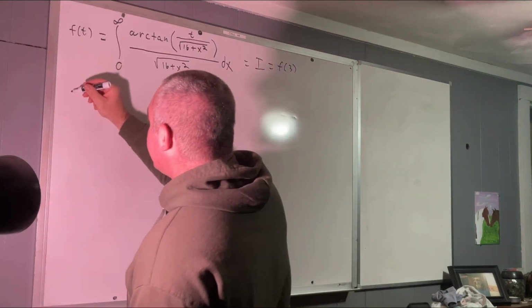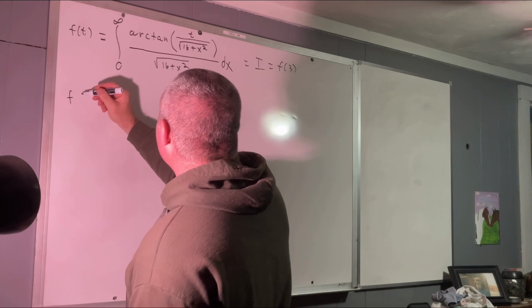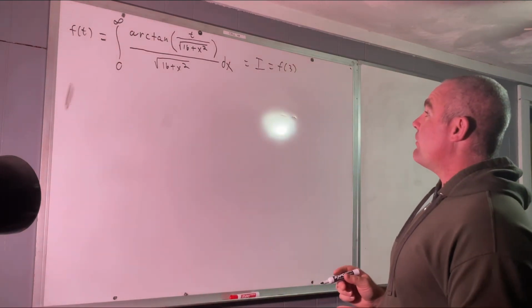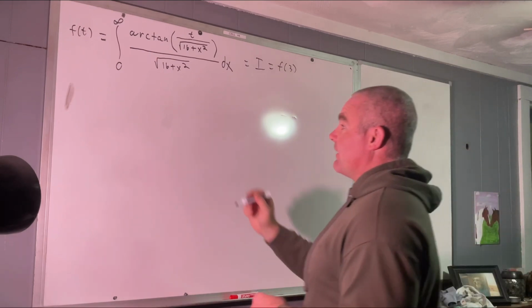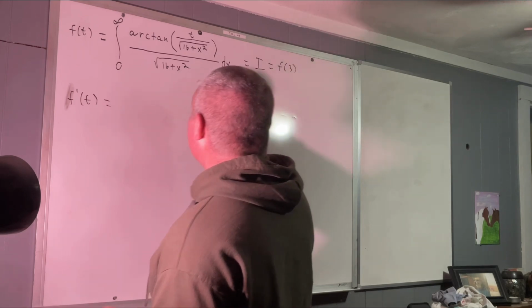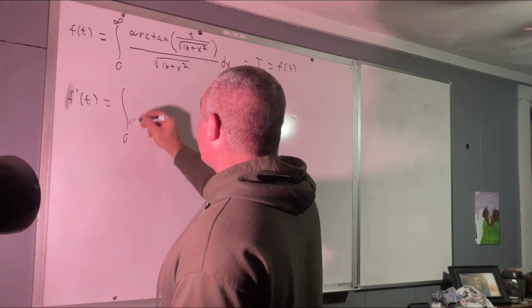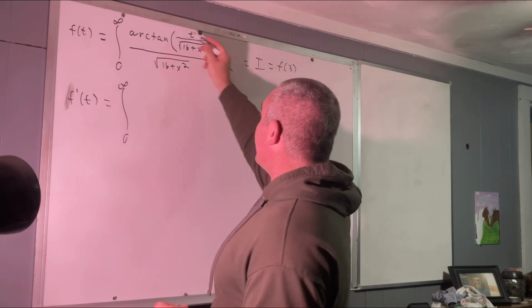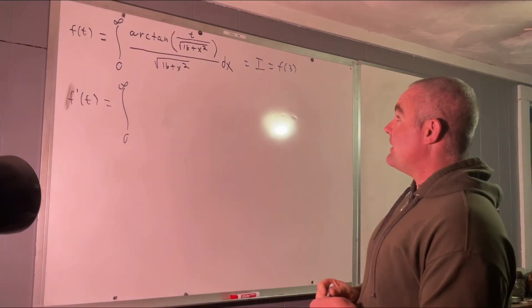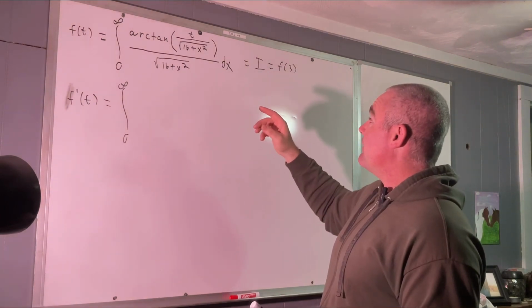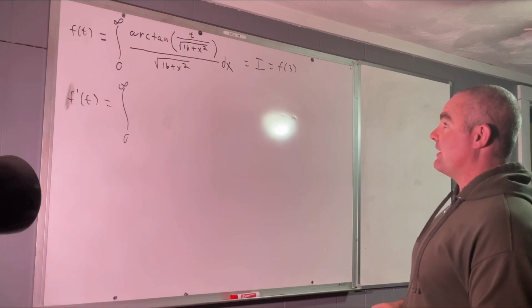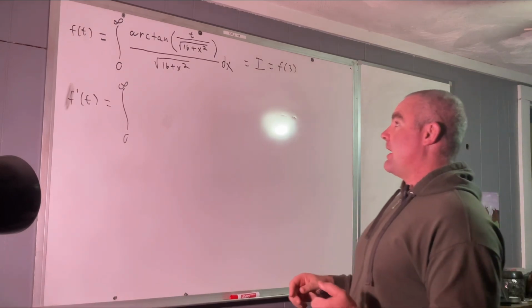So our f of t is going to look like, well, hold on, we already have f of t. So what would our f prime of t look like? f prime of t would be equal to the integral from 0 to infinity of the derivative with respect to t of this thing. Well, this 1 over the square root of 16 plus x squared is not dependent on t, so we'll ignore it for now.